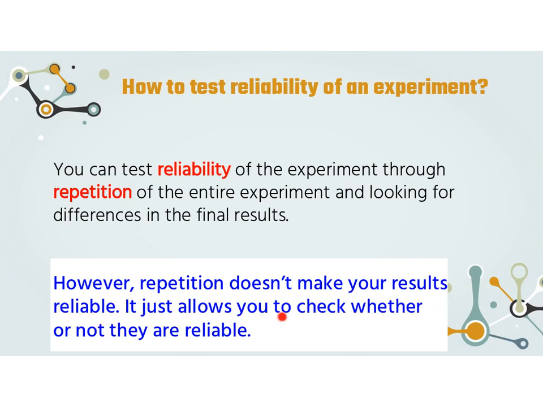It just allows you to check whether or not they are reliable. So you can't use repetition as a protocol to prove the reliability of your method. Repetition allows you to check whether your results were reliable or not.